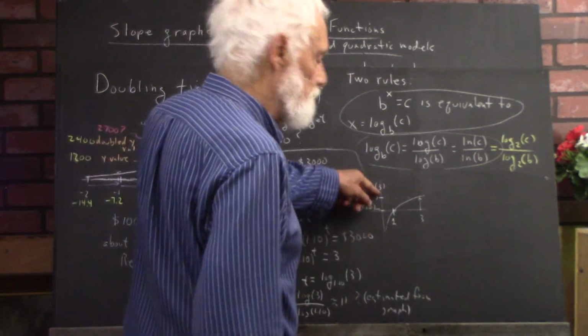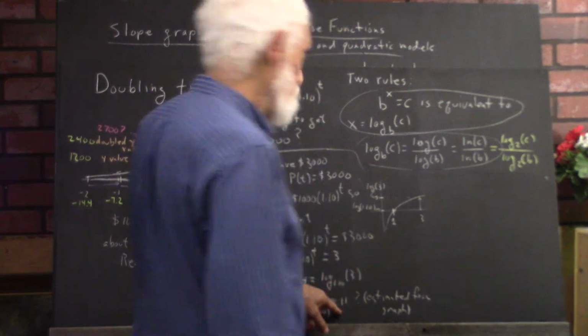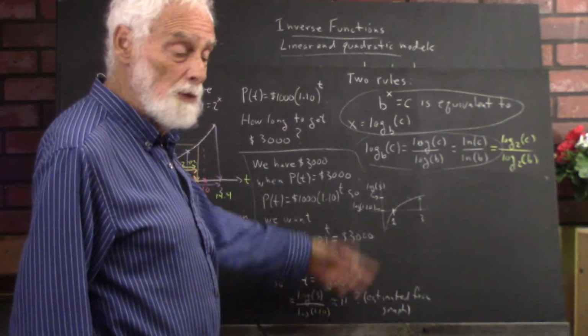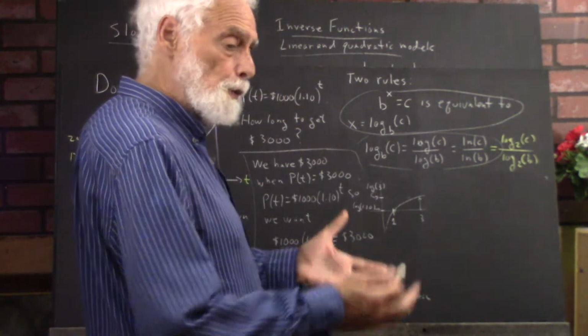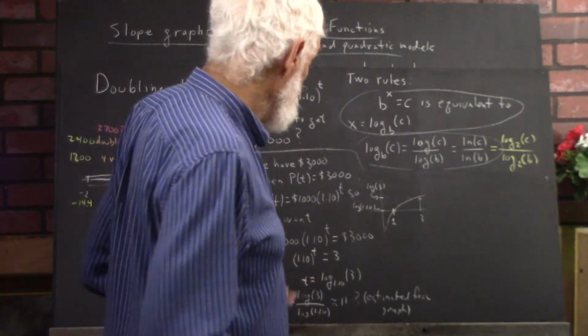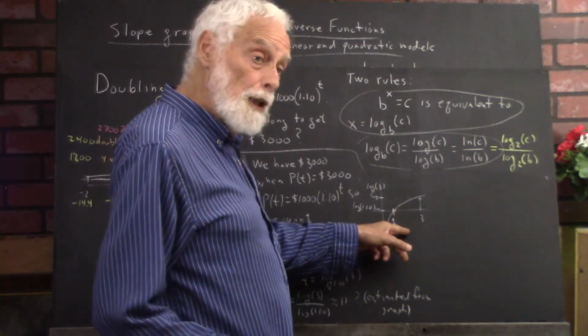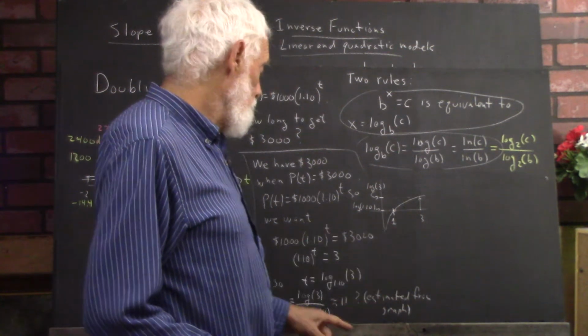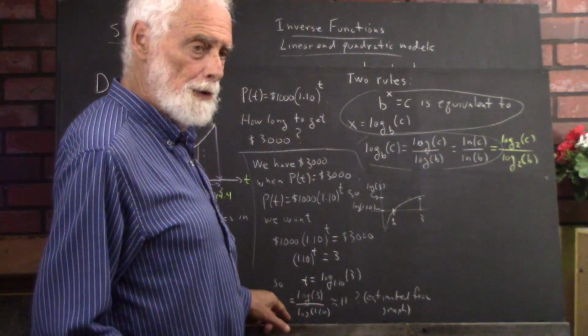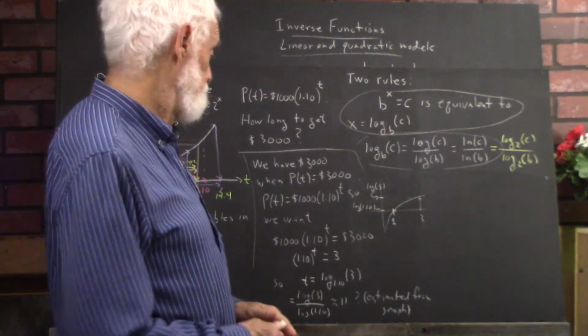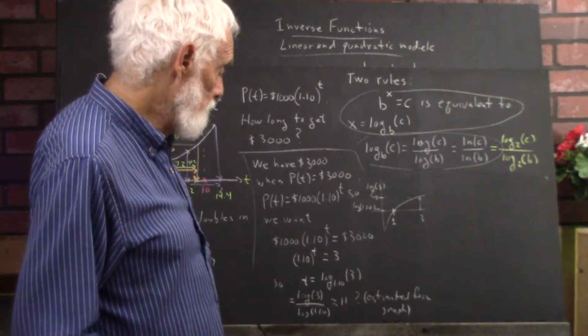How many of these does it take to make this? Well, it's plausible it takes about 11 of them, just the way I drew it. If you have a really good graph, you can make a reasonable estimate and also visualize the graph, and check whether what comes out of your calculator makes sense. So that's a valuable thing to do.